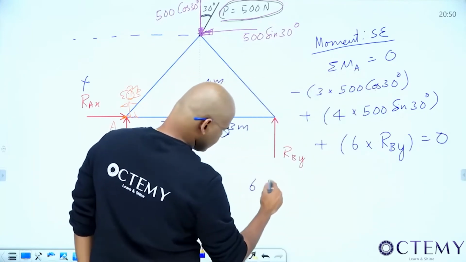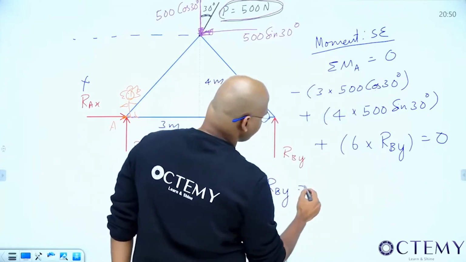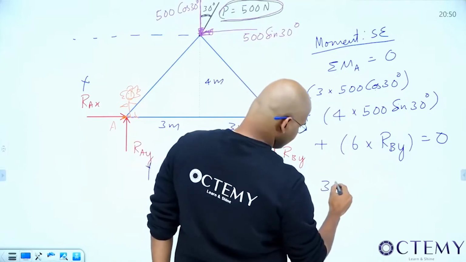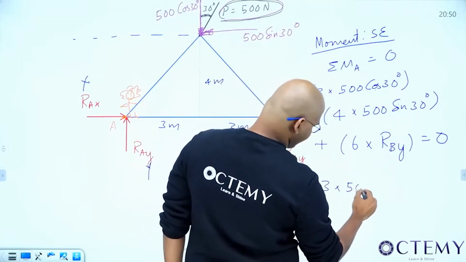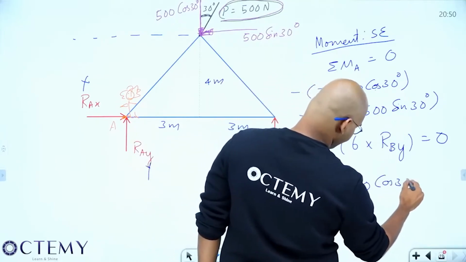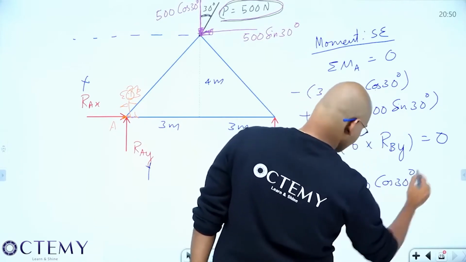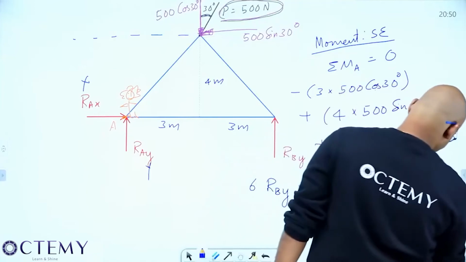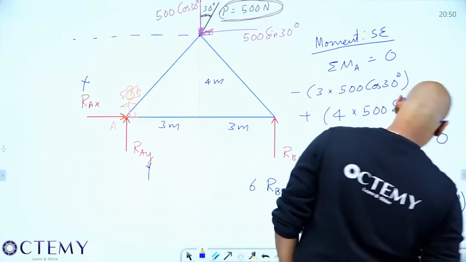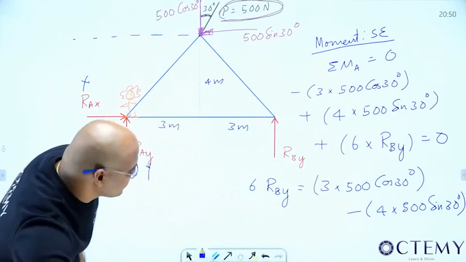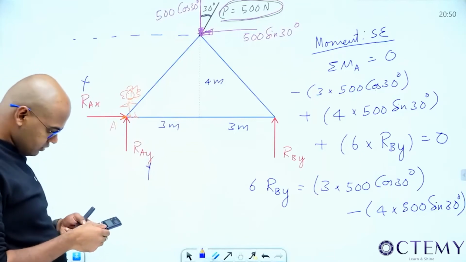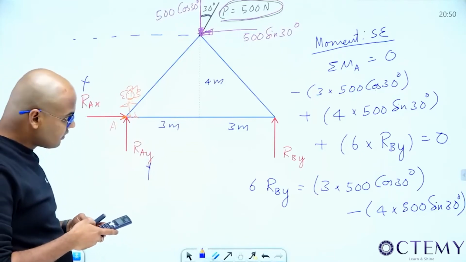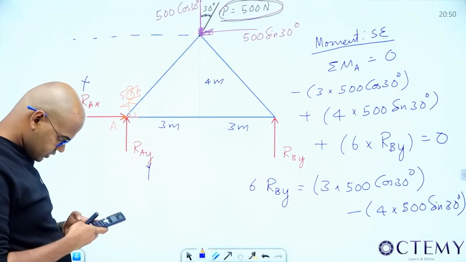So 6 RBY is equal to, send it this side, 3 into 500 cos 30, minus will become plus, minus 4 into 500 sin 30. Now please get this. 300 cos 30.